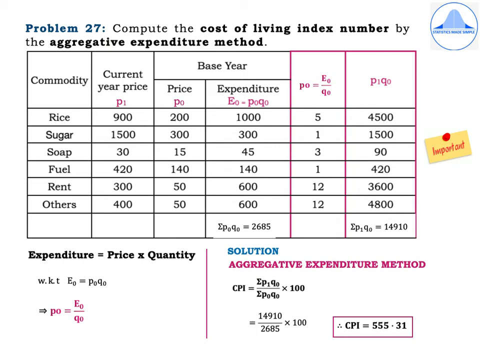So under this solution, write aggregative expenditure method, and the formula CPI is equal to summation P1 Q naught divided by summation P naught Q naught into 100, which is equal to 14,910 divided by 2685 into 100. Therefore, CPI is equal to 555.31. This problem is important.